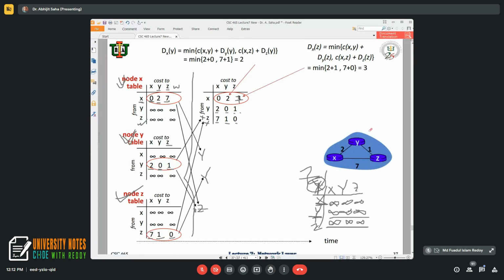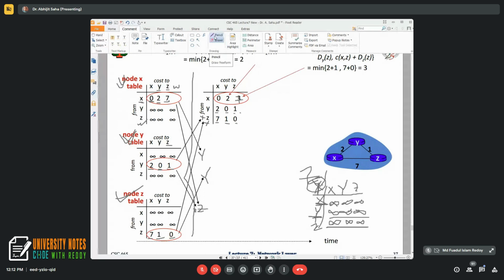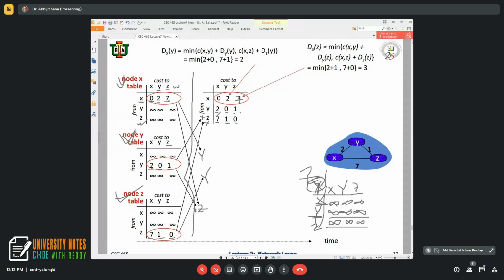Understand. All right. So now come to this update. According to the update, it is 0, 2, 7, 2, 0, 1, and 7, 1, 0. So here it is going to be the same thing, because node Y is getting the update from X. So this is the Y table, this is the X table, right? So now what is going to happen?